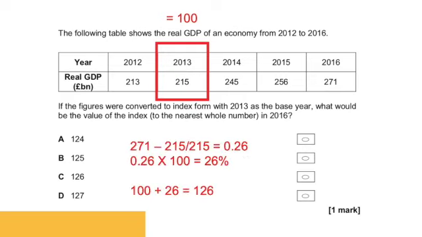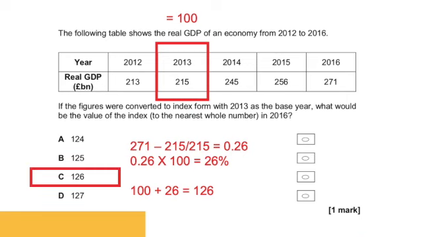So 271 minus 215 divided by 215, and that gets us 0.26. Times that by 100, and we've got 26%. If we convert that into an index, we simply need to do 100 plus 26, and that gets us 126. So the economy has grown in real terms by 26%.